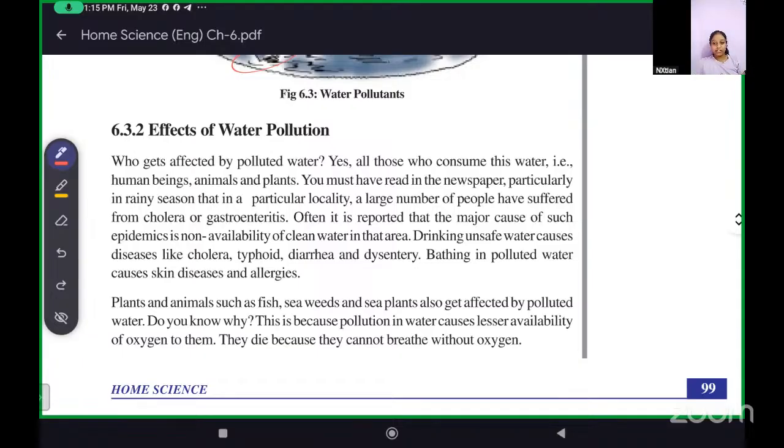Because safe water is not available, they suffer diseases, and not only one or two people, but whole families of some villages, the whole slum area may suffer waterborne diseases.